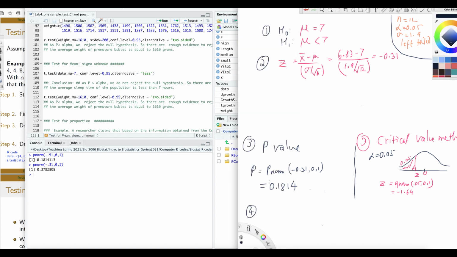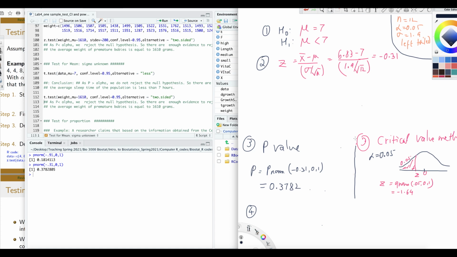So this value must be 0.3782. Let me erase that and write 0.3782.